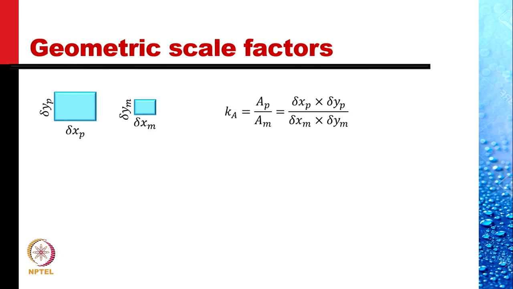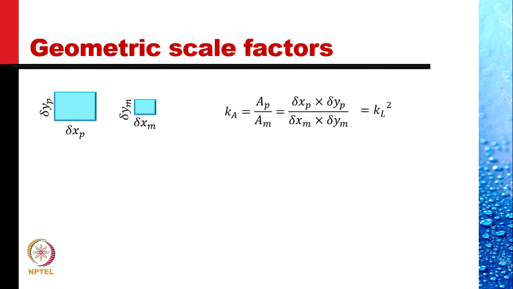Similarly, area of the model would be del xm multiplied by del ym. And the ratio of these two would give us the area scale factor Ka. Clearly, this is equal to KL square.